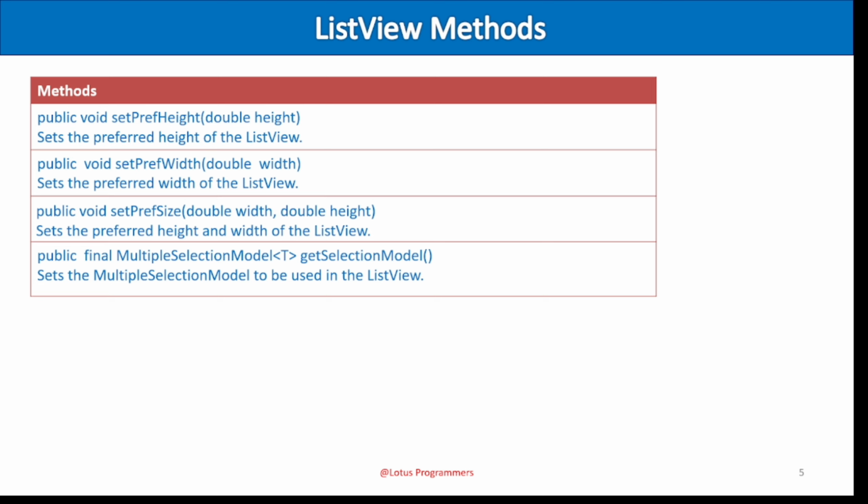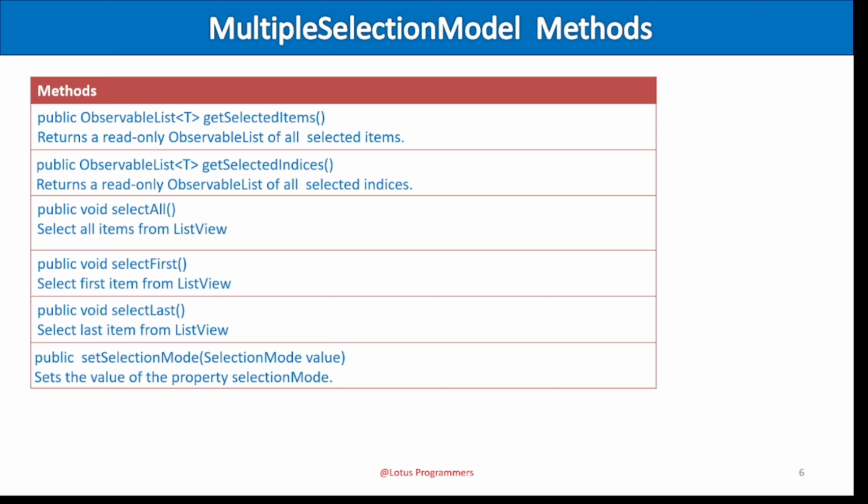Through the MultipleSelectionModel object, we can set whether from the list view we go for selecting a single item or multiple items. So these are the methods we have to understand from the MultipleSelectionModel.